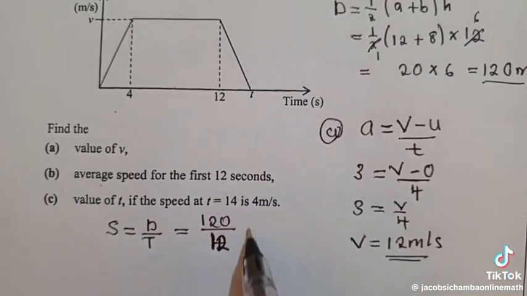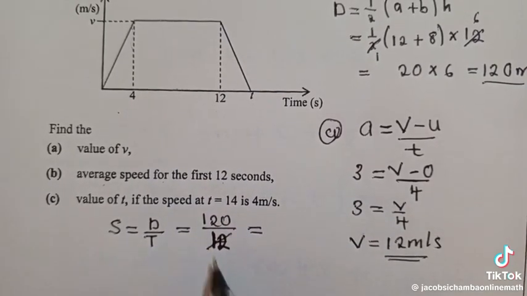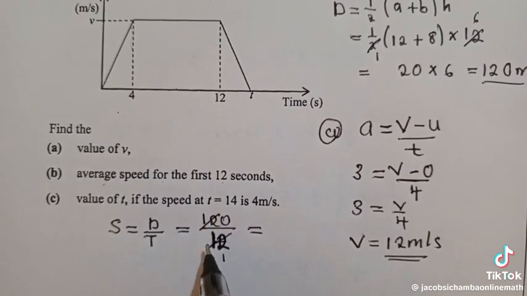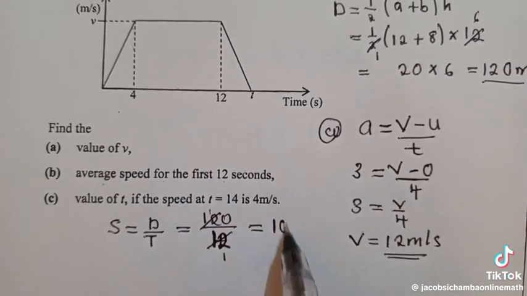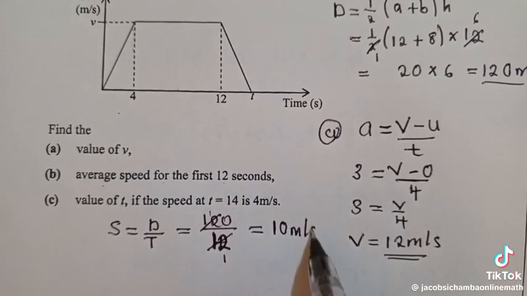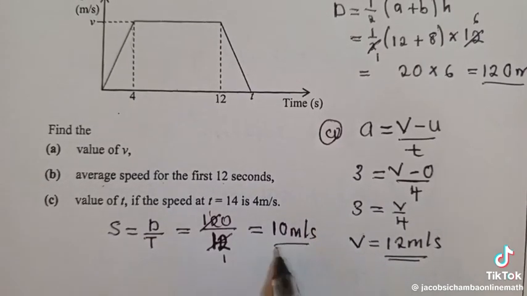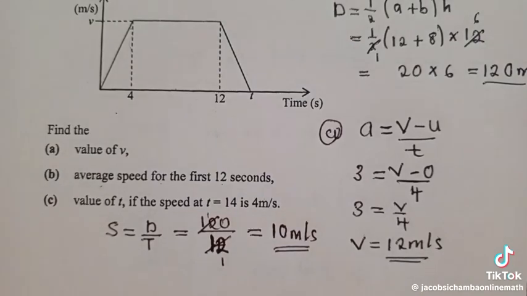So when I work out 12 into 12, 1 into 12 there, it's 1. So my speed will be 10 meters per second. So this is my speed. Remember the units for speed is meters per second in this case.